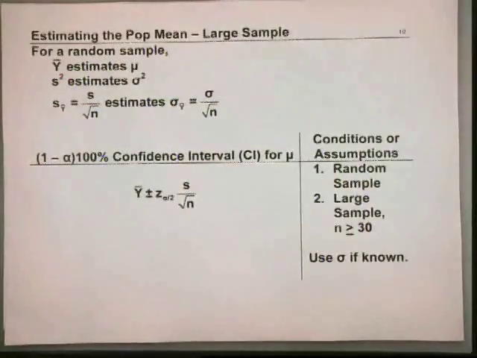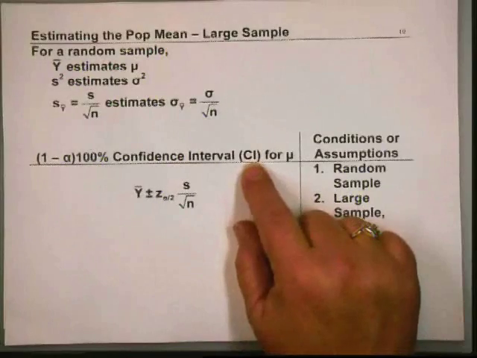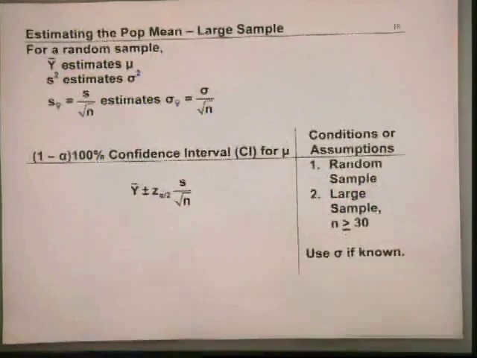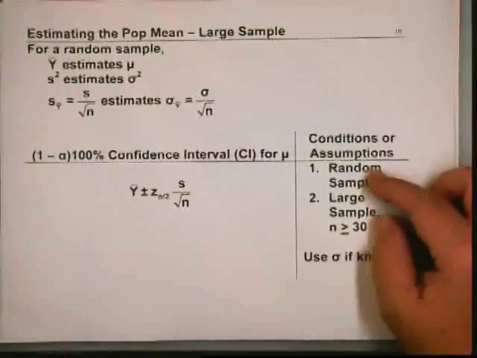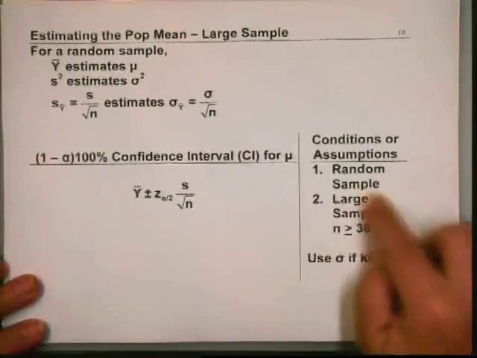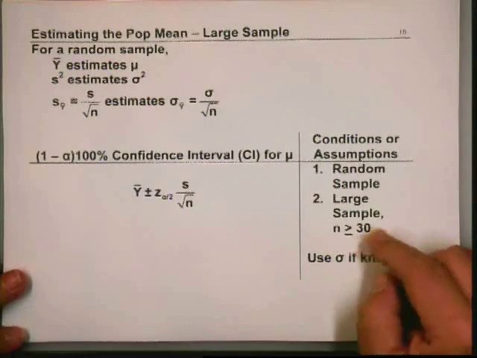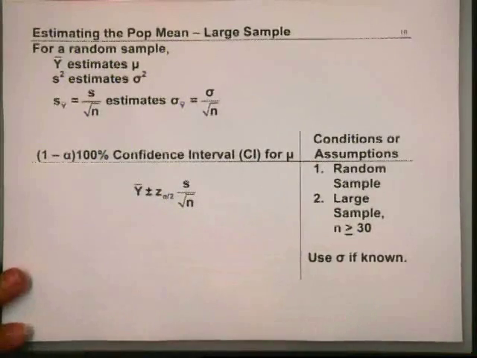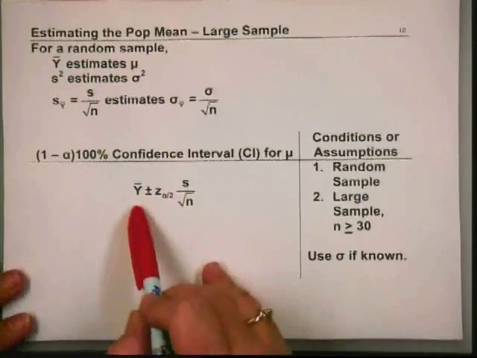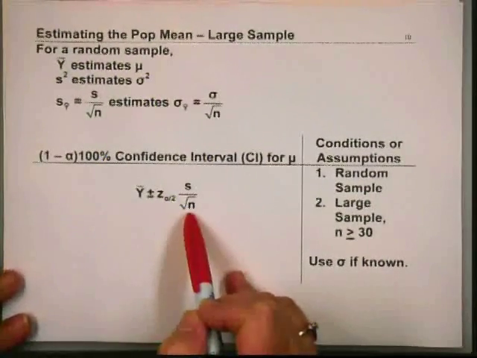We want to compute a confidence interval. My shorthand for that is CI, as in most references. A CI for our population mean mu. We have the random sample and the large sample condition from the central limit theorem. This large sample condition means I can use this Z. That's what the central limit theorem is doing. And so here you have an estimator plus or minus a critical value from the table times the standard error.